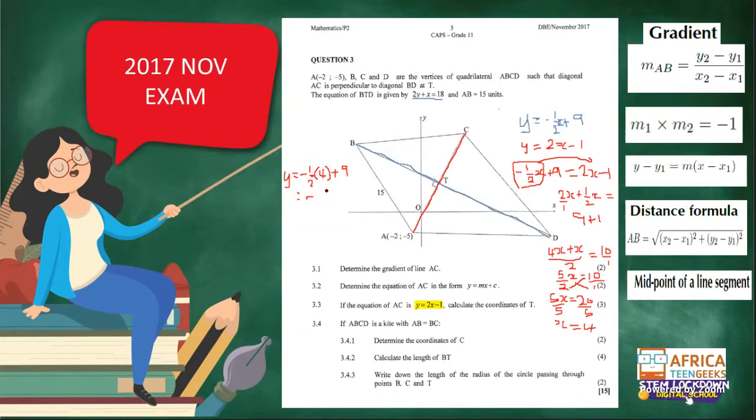Negative 2 plus 9, and this would be 7. So even if you use the second equation where you have y equals 2x, so you still have 2 times 4 minus 1, which is equal to 8 minus 1, which is 7. Okay.